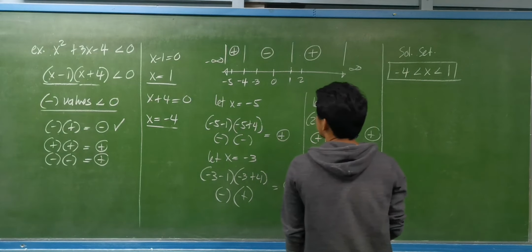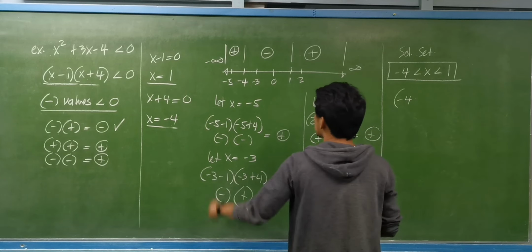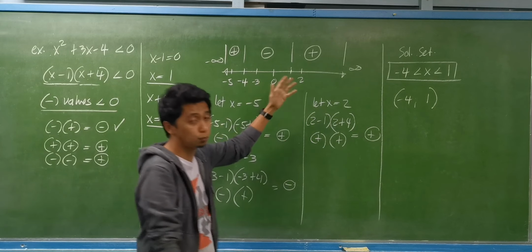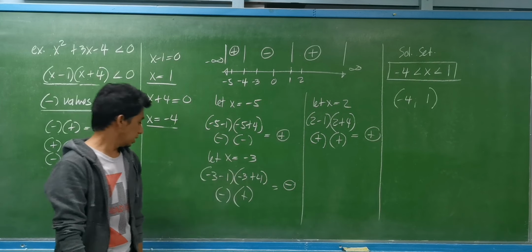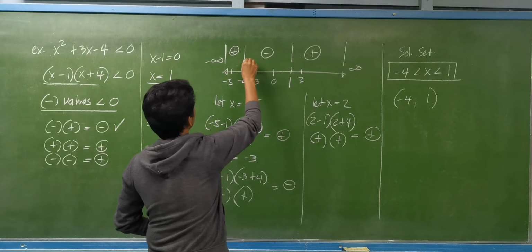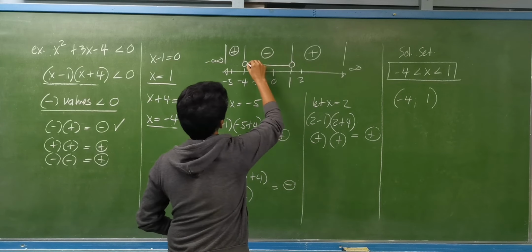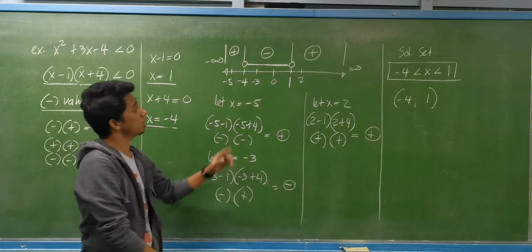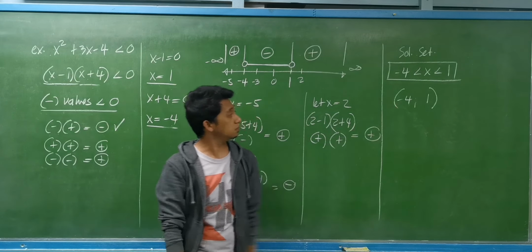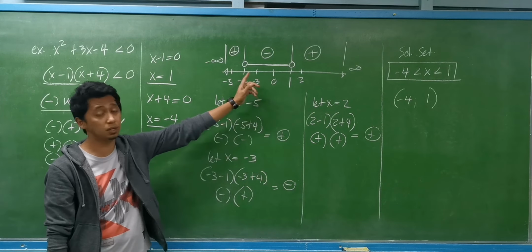In terms of interval notation, this is from negative 4, we are using parentheses, up to positive 1. Negative 4 and 1 are not included. And on our number line, since negative 4 and 1 are not included, we have to draw open circles, then connect the line. So that will be our solution set in terms of inequality, interval notation, and the number line.